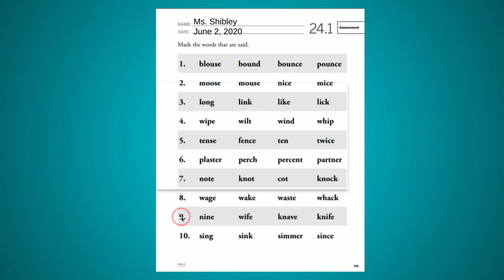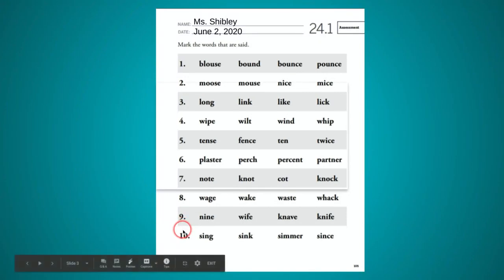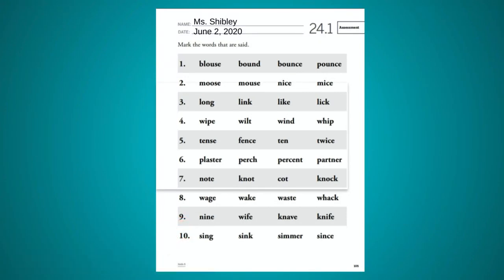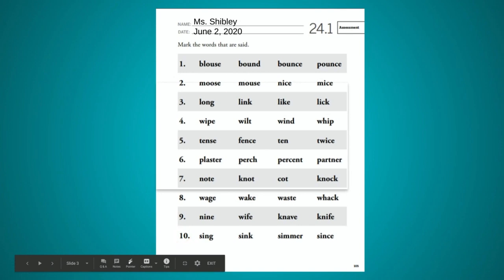Number 9, which word shows knife? Again, our word is knife for number 9. Number 10, our last one, our word is sink. And our word again is sink.